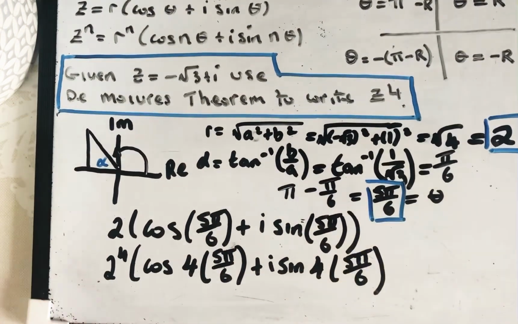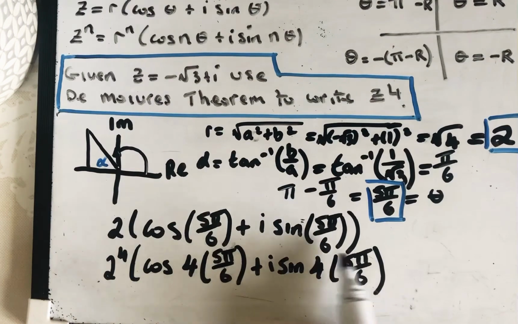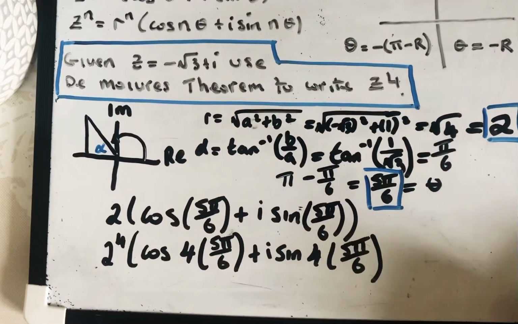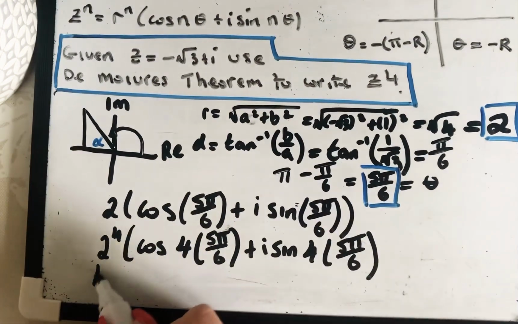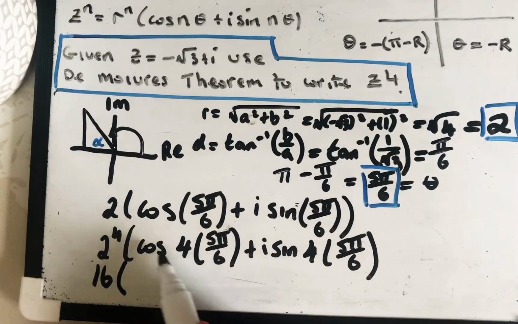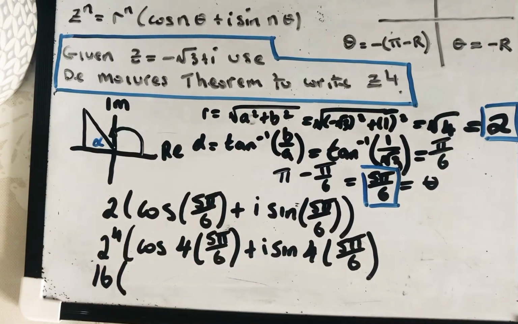Now, next of all, what we're going to do is go to our calculator and work out what these are. So 2 to the power of 4 anyway is 16. And then we're going to go to our calculator and type in cos 20 pi over 6. So typed in here, like so.